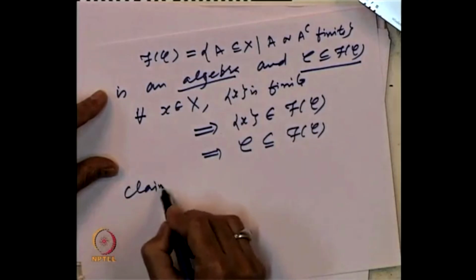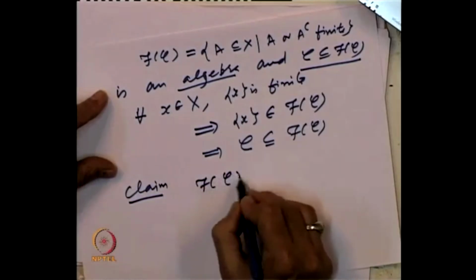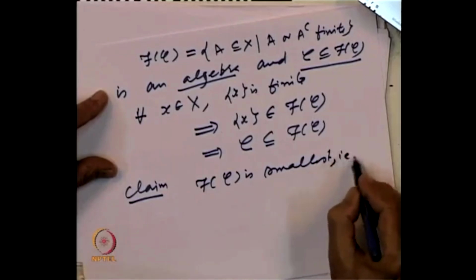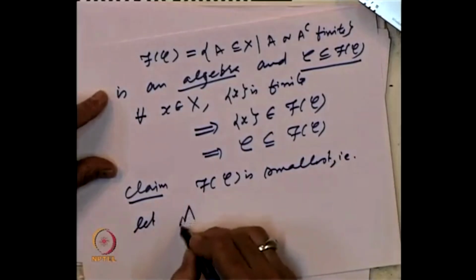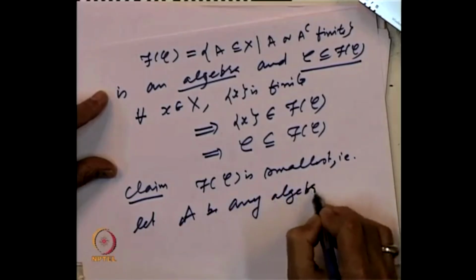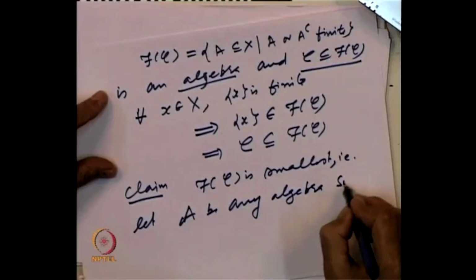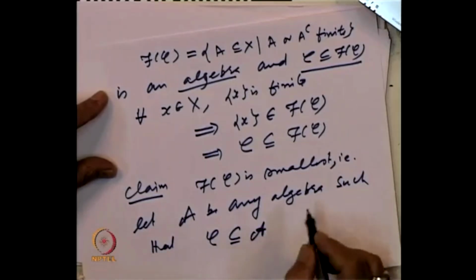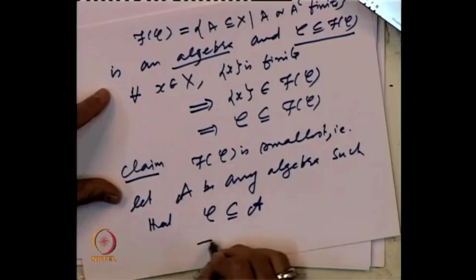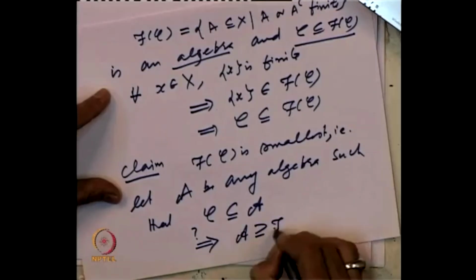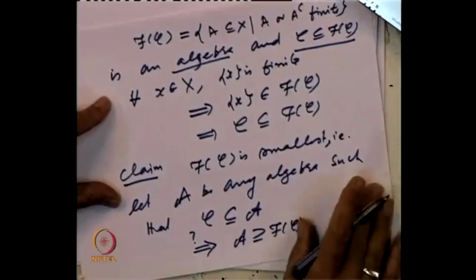Claim finally that f of C is smallest. So that is, let A be any algebra such that C is inside A, then that should imply, so that is the question, that should imply that A includes f of C. So let us show how is that true.